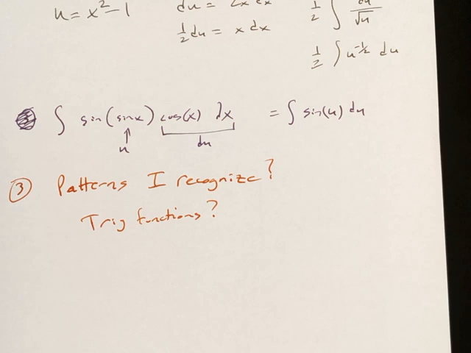What did it tell you to look for? My Pythagorean identities when I can use them. And I use those in conjunction with a u substitution, right? I did the Pythagorean identity to pull one odd power out.